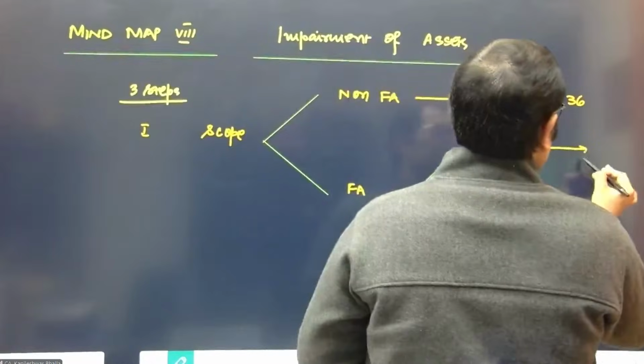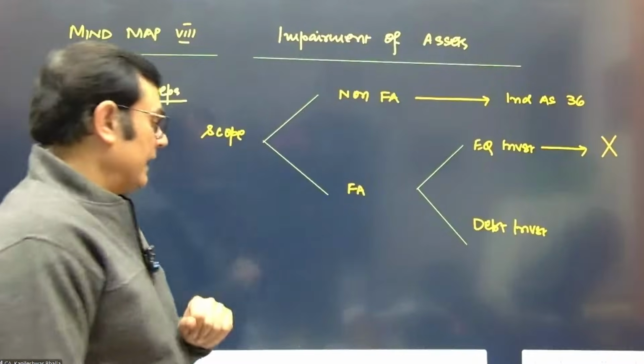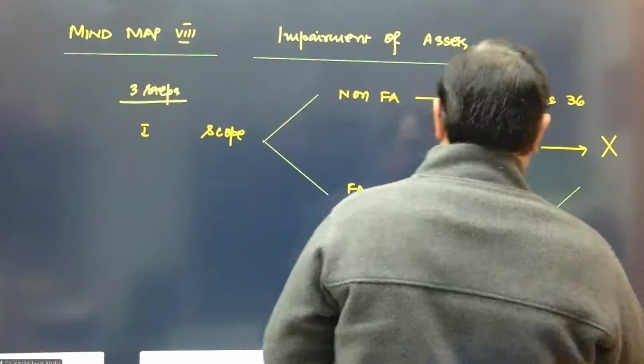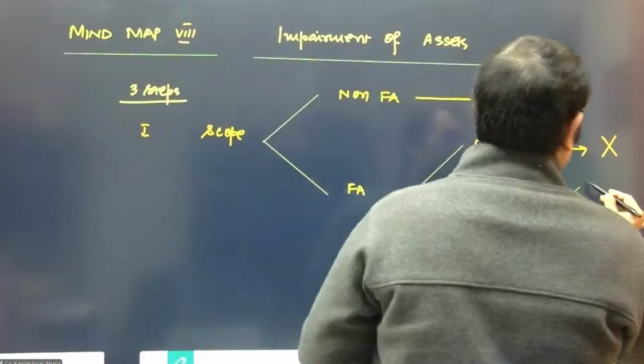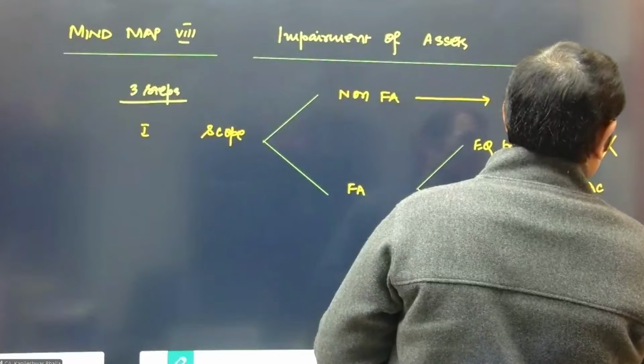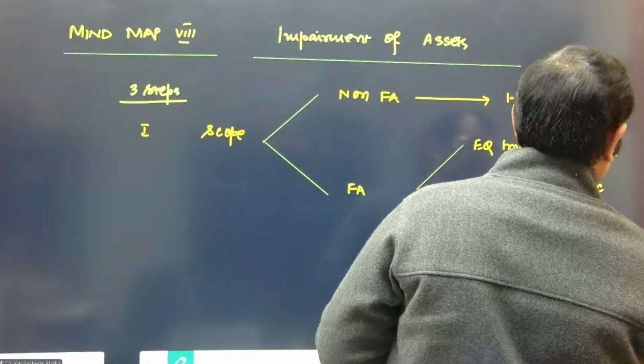For equity investments, the impairment is not applicable. They're not tested for impairment. And debt investments, again, we've got 3 categories. One is amortized cost, one is FVTOCI, that is R, and one is FVTPL.